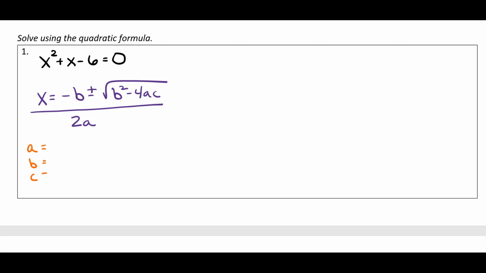Our a is always in front of our x squared. So remember, we're looking at ax squared plus bx plus c equals 0. So this equals 0. That's a good thing. So a would be the number in front of the x squared. It would be the 1. B would be the number in front of the x term, the linear term. So it would also be a 1. And c would be your constant.